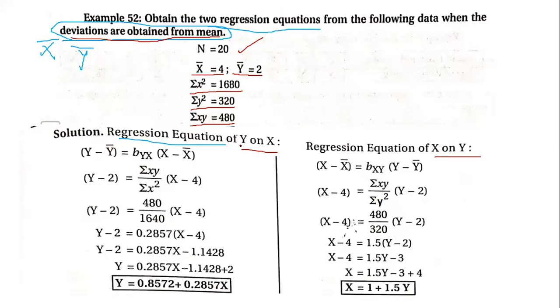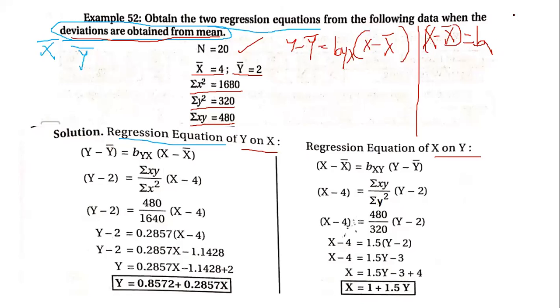So firstly, for y on x. For y on x, first you will have to go with y minus y bar is equal to byx. Again, y is first because it is y on x. And lastly, x minus x bar. Now for the other one, x on y. First you should have x minus x bar because x is first, is equal to bxy into y minus y bar. Now let us rewrite this.